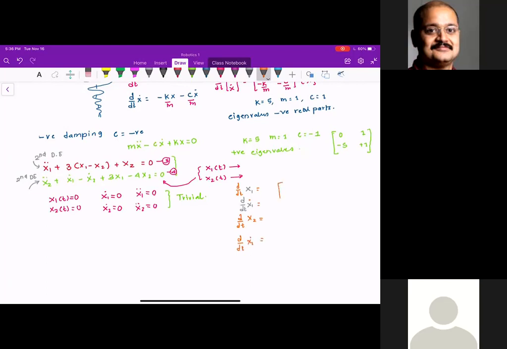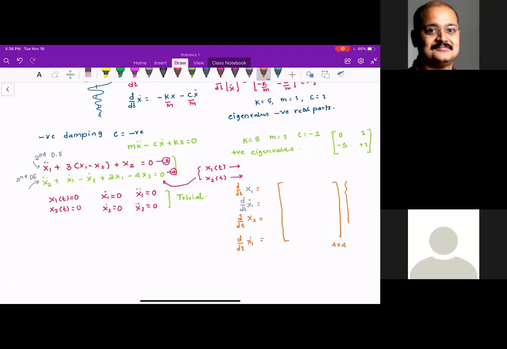And I would write this as the big matrix. This would be a 4 by 4 matrix. And then I would have x1, x1 dot, x2, x2 dot.